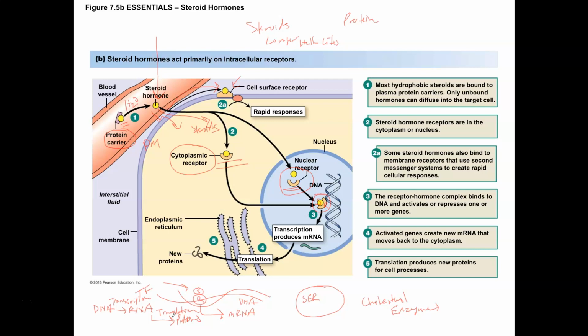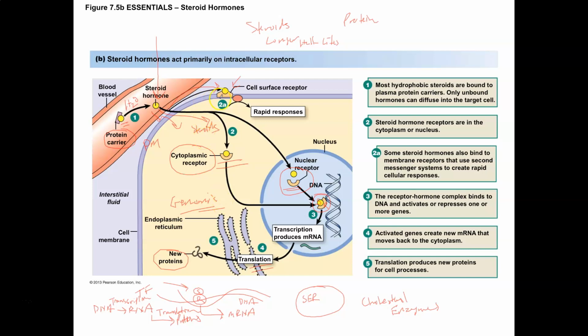You go through the process of binding to the DNA, producing messenger RNA, having that messenger RNA go out and be translated by the ribosomes, and producing new proteins. We refer to this whole process as the genomic effect. And so activating genes is this genomic effect of cells: being able to produce new proteins and then having those proteins go on to do work.